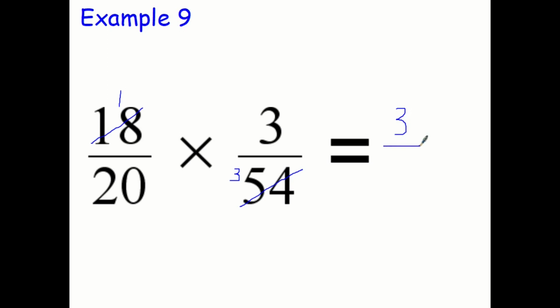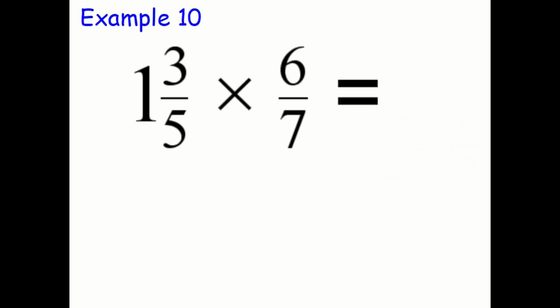And 20 multiplied by 3 is 60. And in actual fact, they have got a common factor. So 3 goes into 3 once, and 3 goes into 60 20 times. So 1/20.